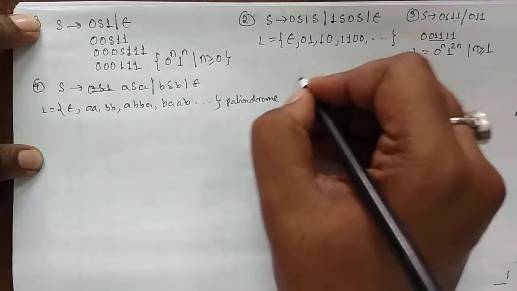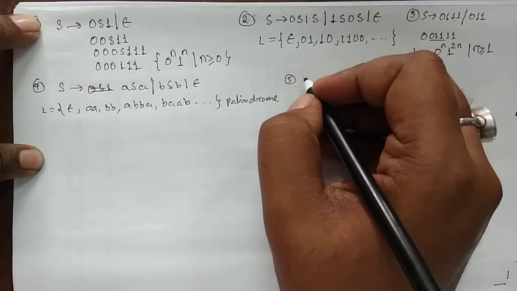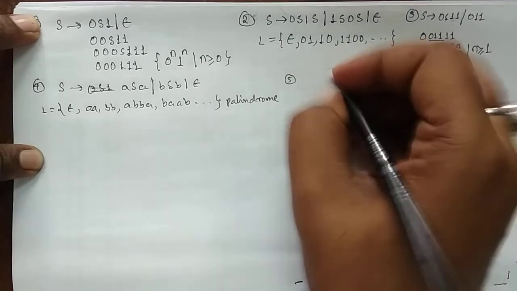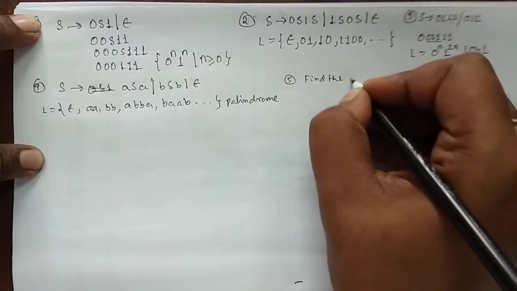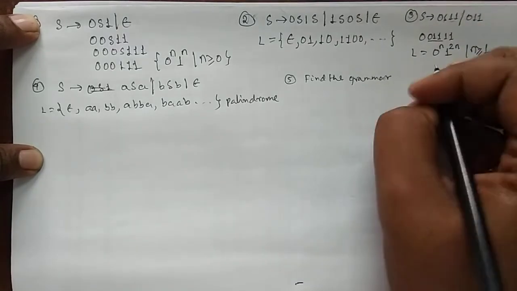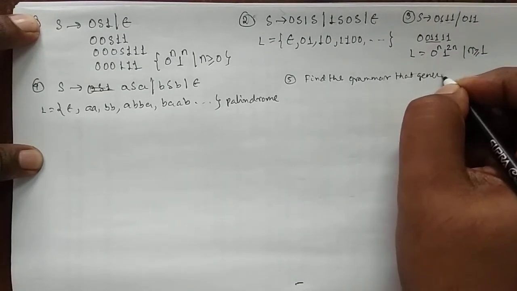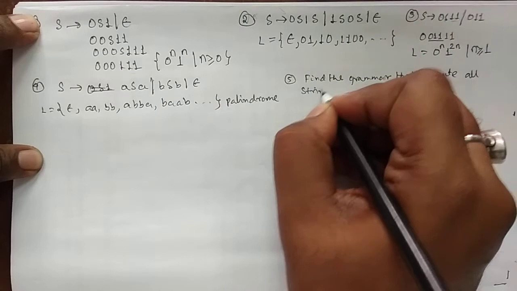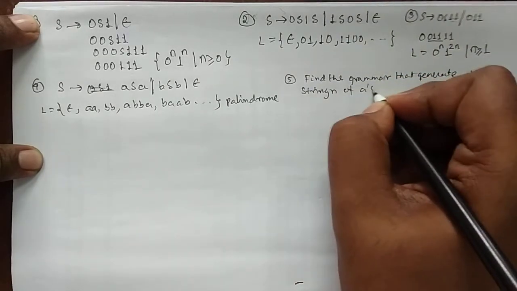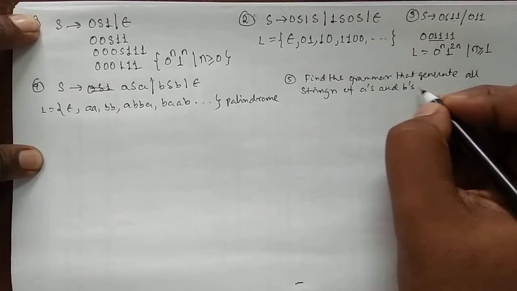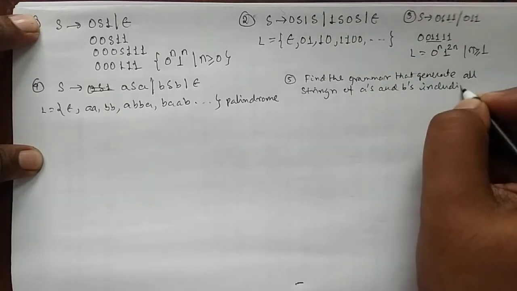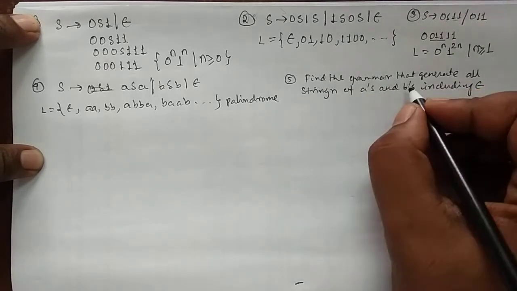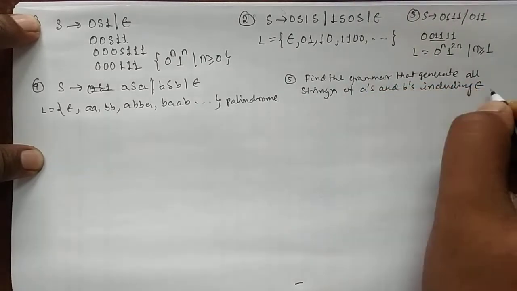Now another question: find the grammar that generates all strings of A's and B's including epsilon.